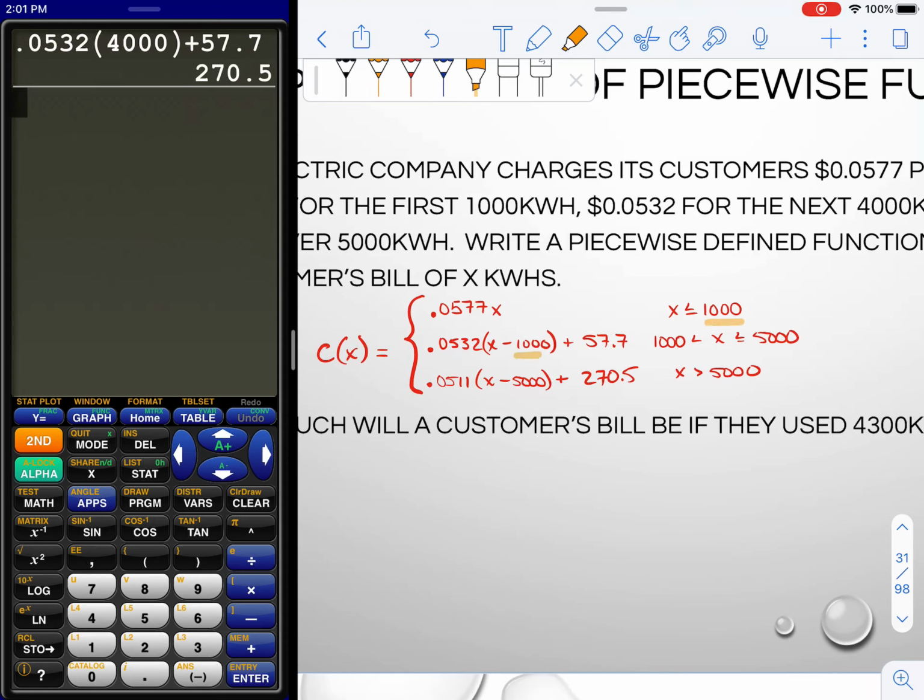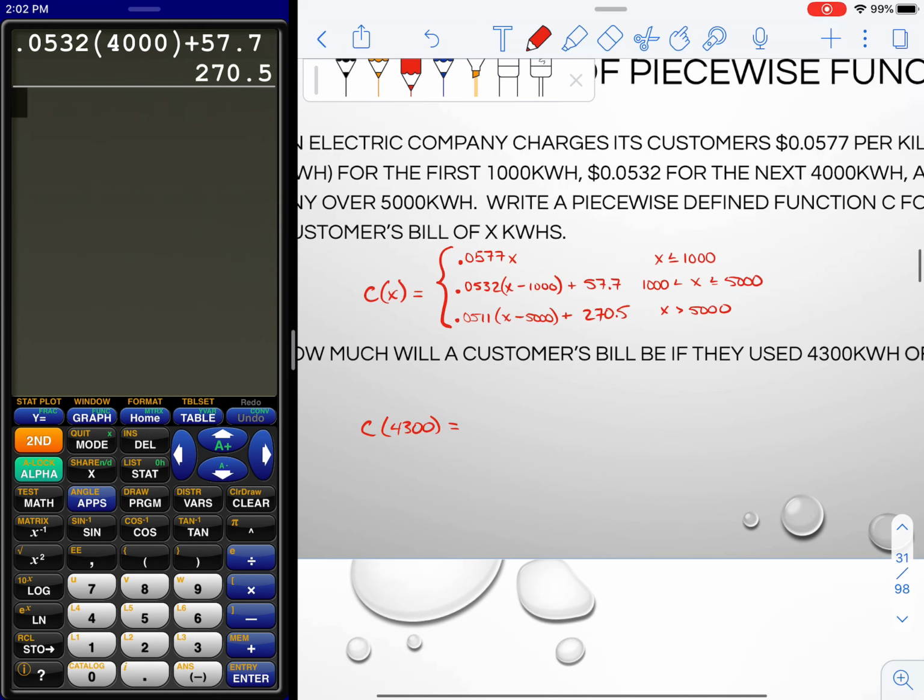So when we take a look here, the last thing we're asked to find is how much is someone's bill going to be if they use 4,300 kilowatt hours of electricity. So first thing I want to do is figure out which of my three intervals here does 4,300 fall within. In this case, it's the middle interval, so I'm going to use the middle interval.